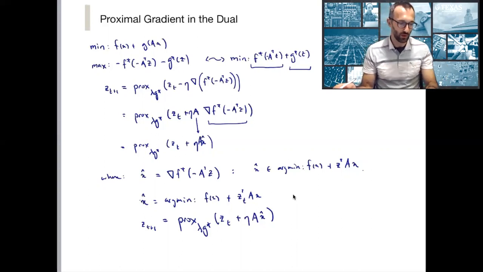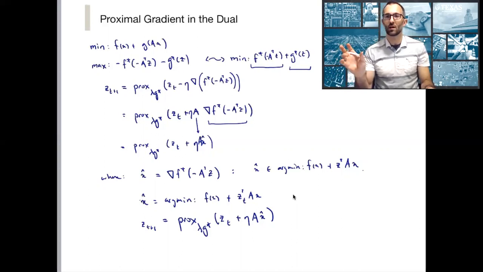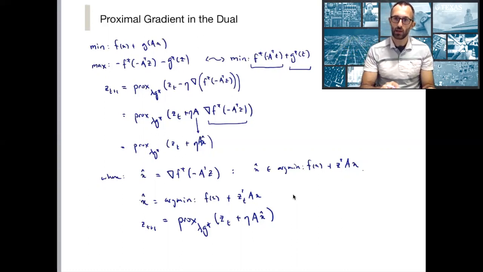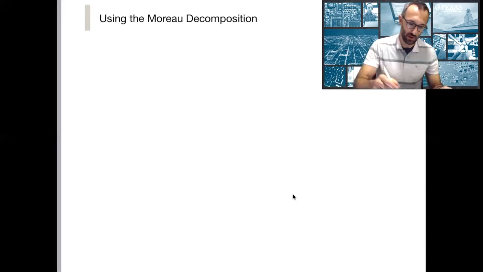But we can also take one more step, if it's advantageous, and use the Moreau decomposition. Recall the Moreau decomposition relates the prox operator of g to the prox operator of g star, and says that if you can compute one, you've already computed the other.